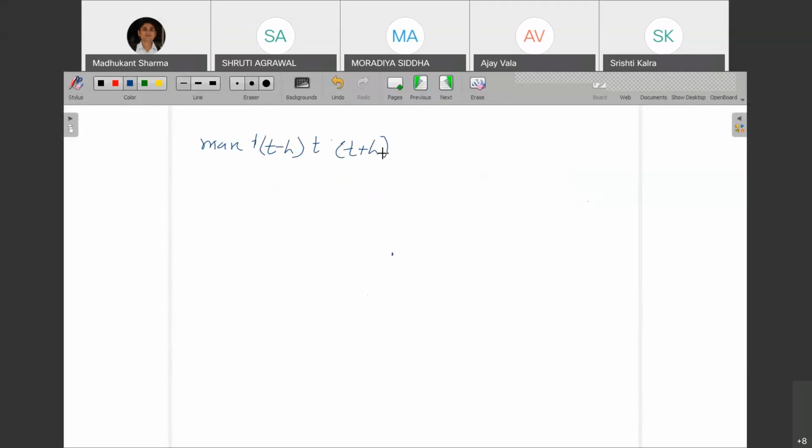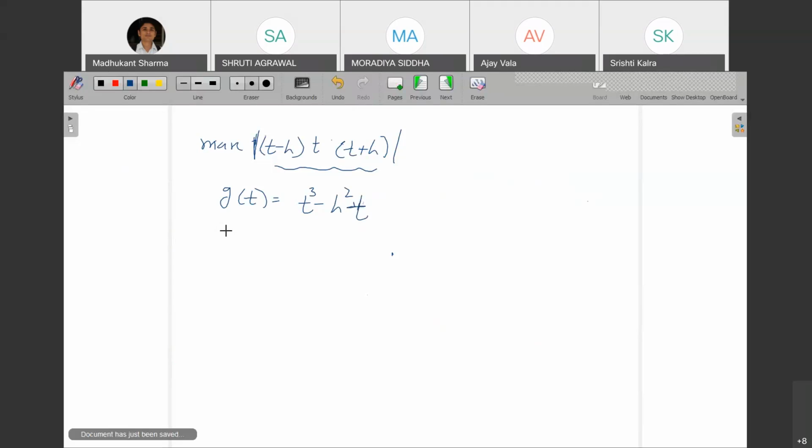If I call this g of t, the product is nothing but t cubed minus h squared t.